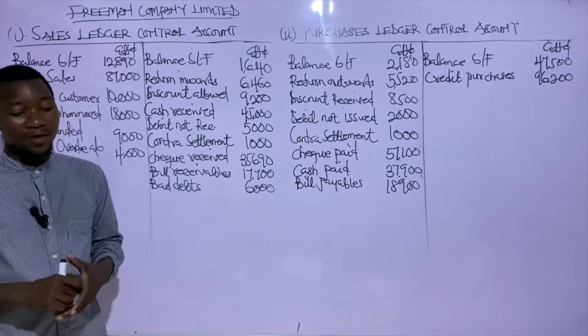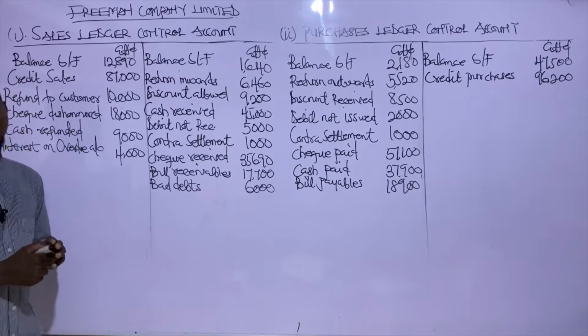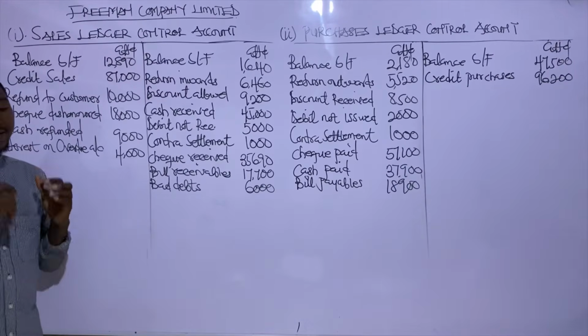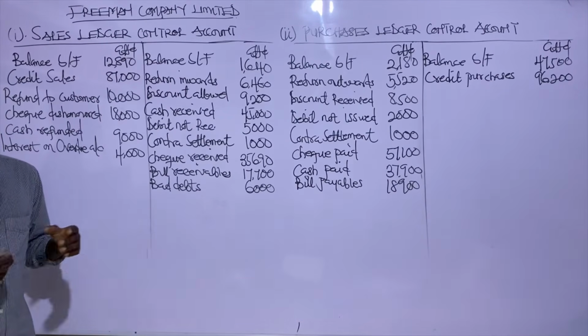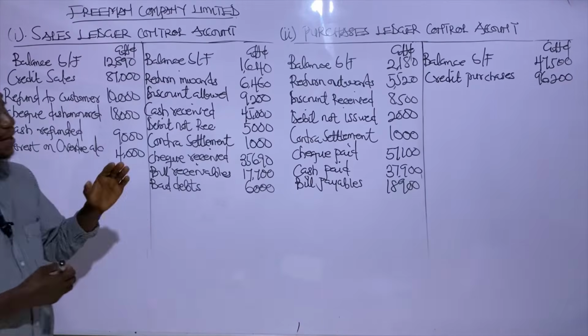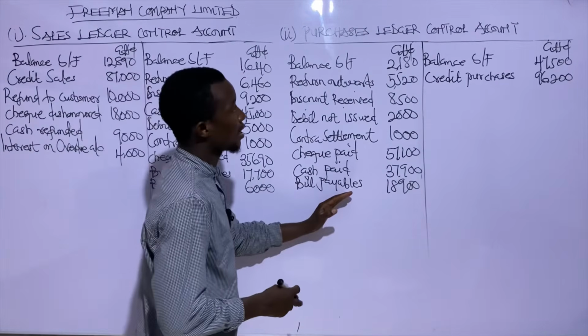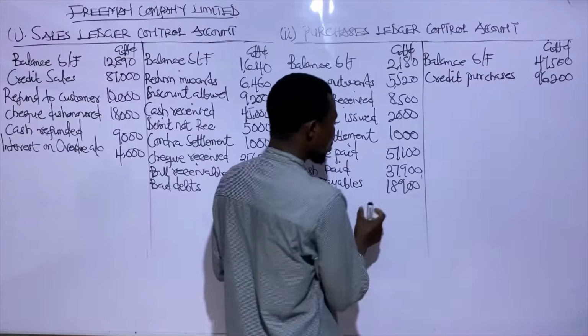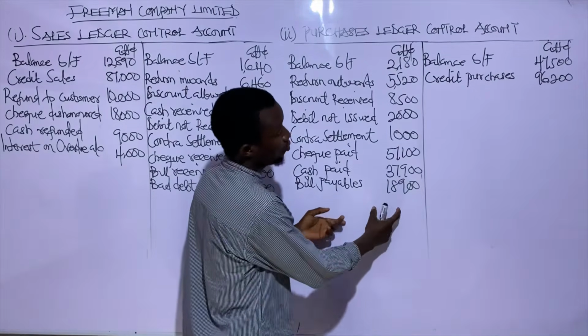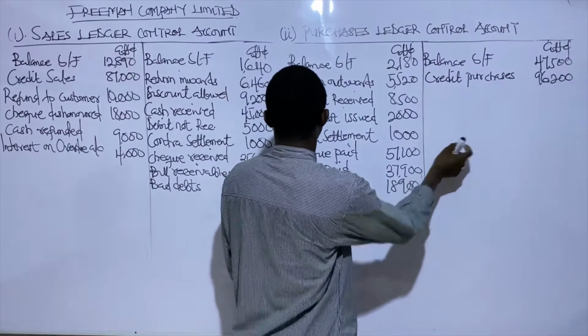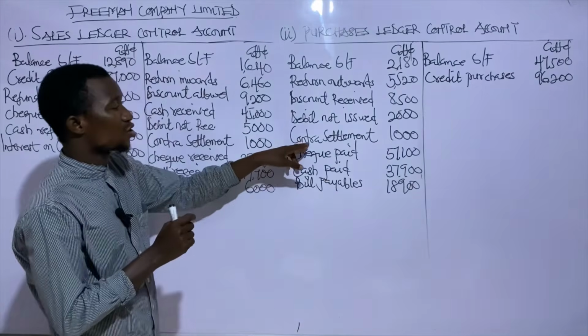The next item from the question is debit balances in the purchases ledger set off against credit balances in the sales ledger. So a debit balance in the purchases ledger is being set off. To set off an amount here, you should record it at the opposite side. It is quite different from the contra settlement.